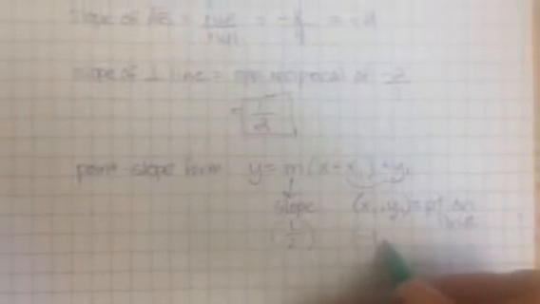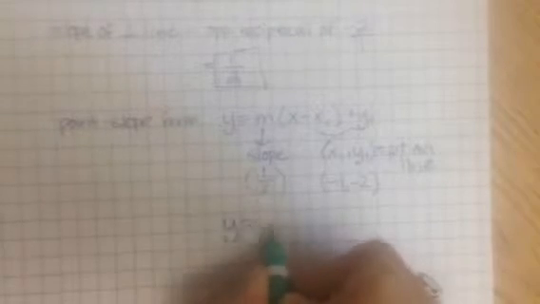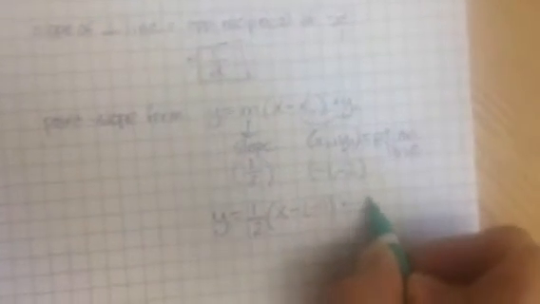So using point slope form, if my slope is 1/2 and my x1, y1 is -1, -2, I can substitute those values in for m, x1, and y1. So the equation of the line would be y equals 1/2 times x minus -1 plus -2.